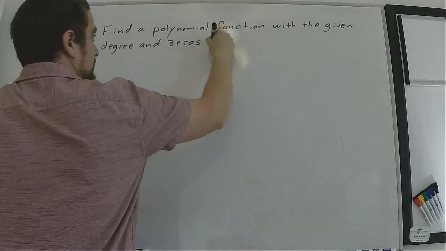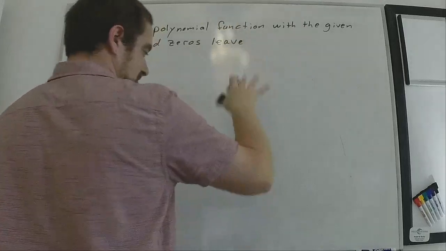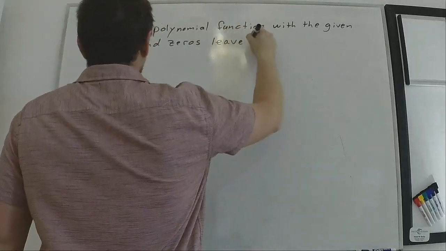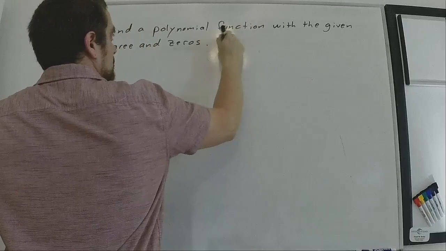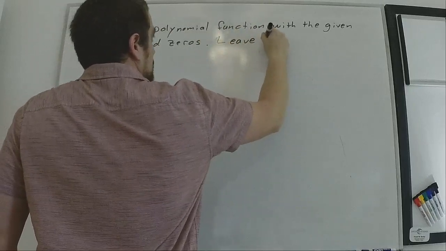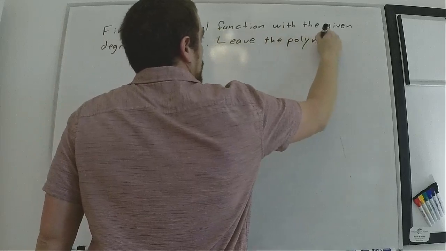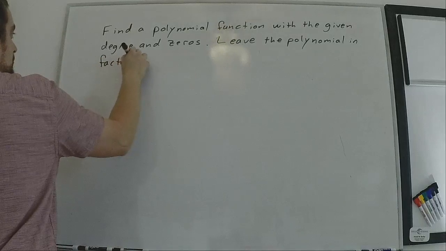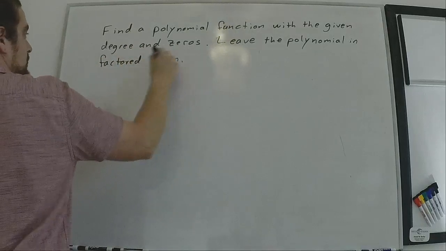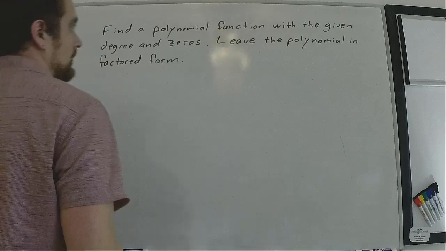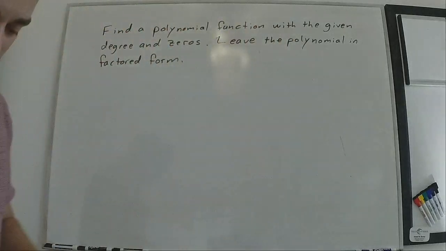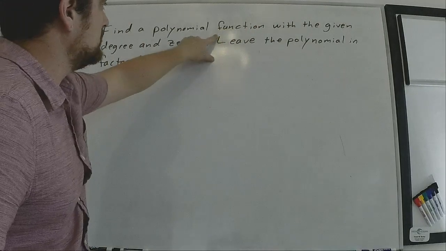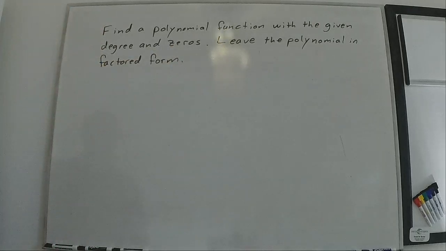And this time we will just go ahead and, for the sake of not having to write it all out, leave the polynomial in factored form. Meaning we won't have to do all this distributing. They're just saying, hey, go ahead and just find a polynomial that has these zeros. Once you verified those zeros, and you can see that the degree matches the number of zeros you're looking at, that's fine. No reason to do a whole bunch of distributing. We'll save you some time here.